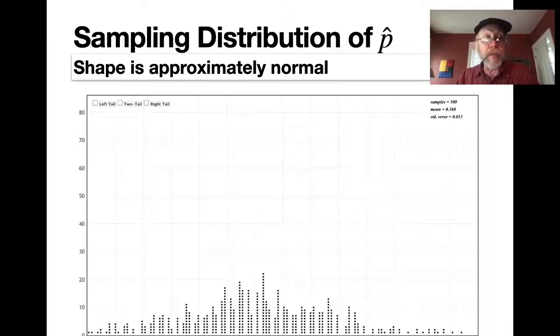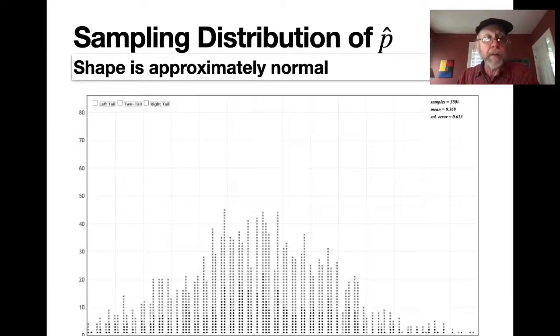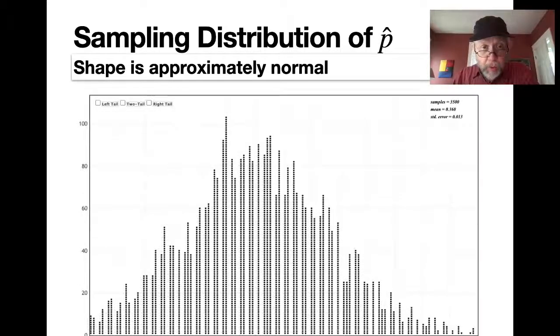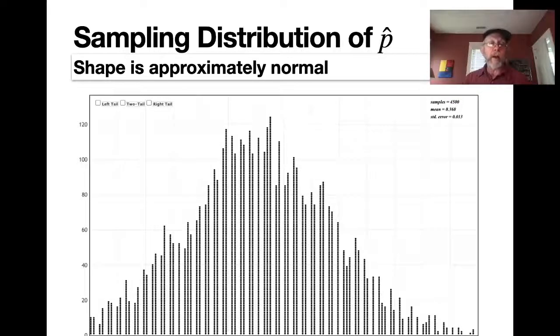I'm going to throw actually 1,000 more into the histogram right here, and 1,000 more, and 1,000 more, and 1,000 more. Right now, there's 4,500 dots in our dot plot. Each dot corresponds again to a sample of size 1255, and you see the sampling distribution of p hat taking shape here.